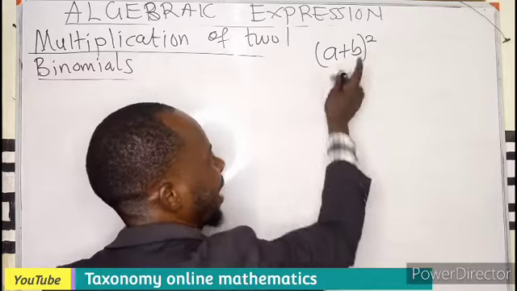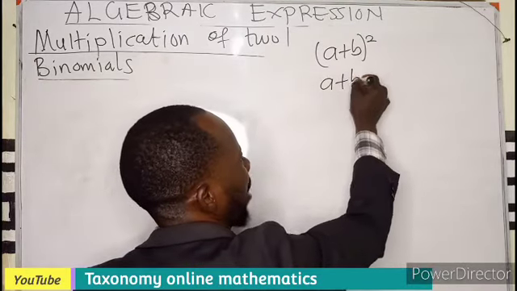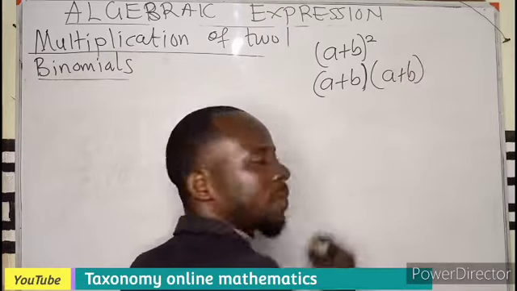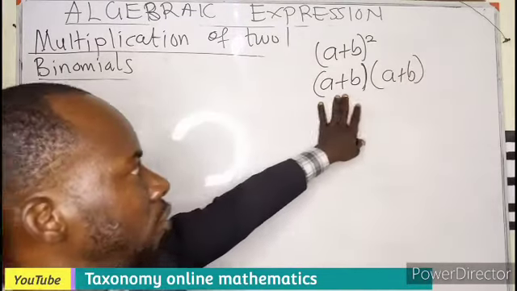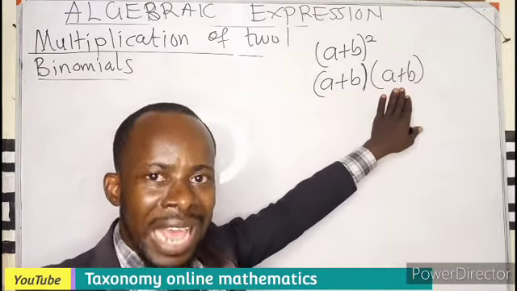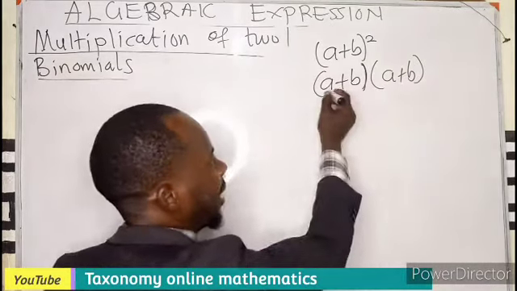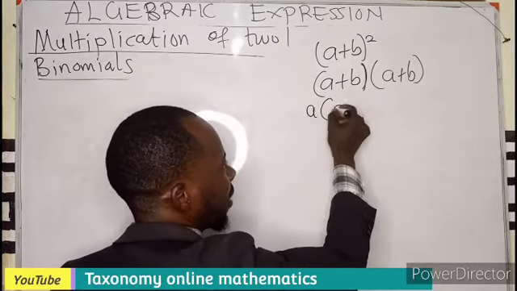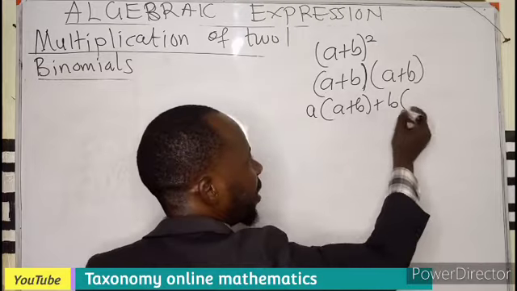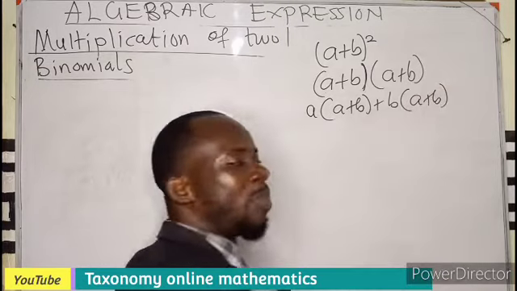So I'll rewrite this as (a plus b) in one bracket multiplying itself. Then we have gotten back into multiplication of two binomials. Then the idea from there: this multiplies this, so a, plus b, a plus b.